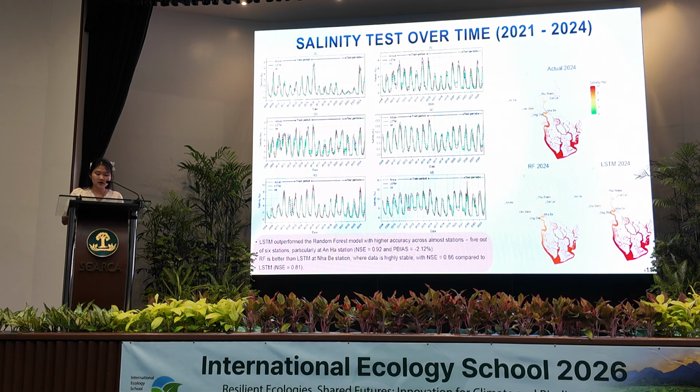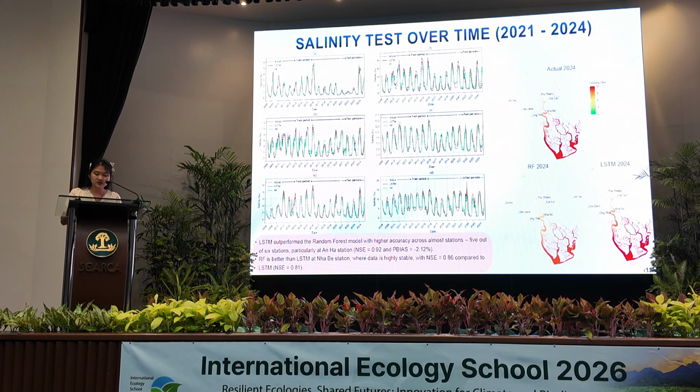In particular, from 2025 to 2029, salinity tends to spread rapidly, reaching deep inland. By 2033, salinity will peak a second time, but mainly concentrated in the coastal area, rarely spreading deep inland. After 2033, salinity tends to decrease slightly.